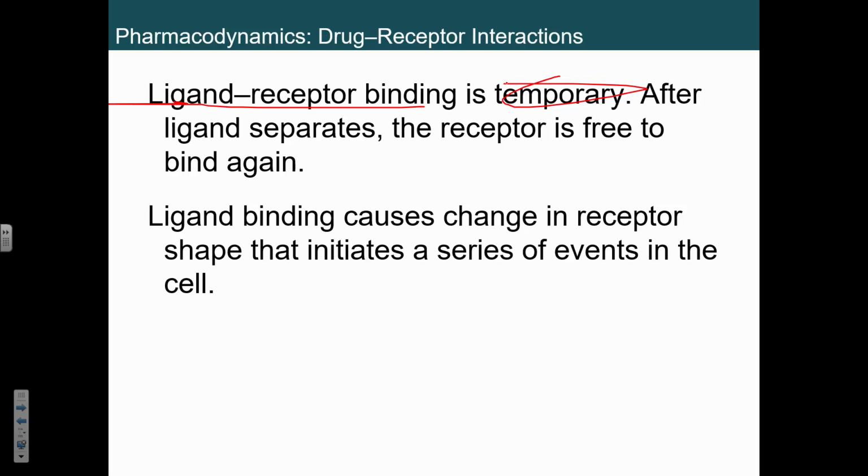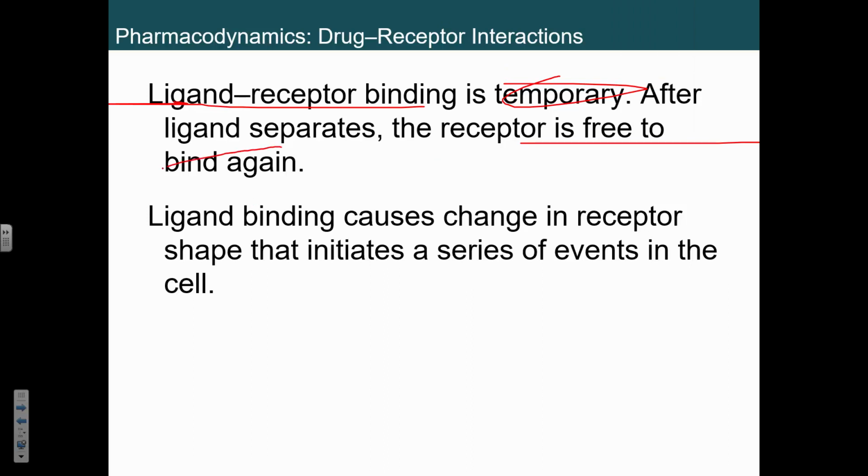Like whether or not the ligands are going to bind to the receptor, how long they're going to bind, some are going to release quickly, some are going to stay bound for a longer period of time. It's all these time constants, right? And you don't really need to think too much about that. All you need to know is at a certain point, the ligand's going to just float free of that receptor.